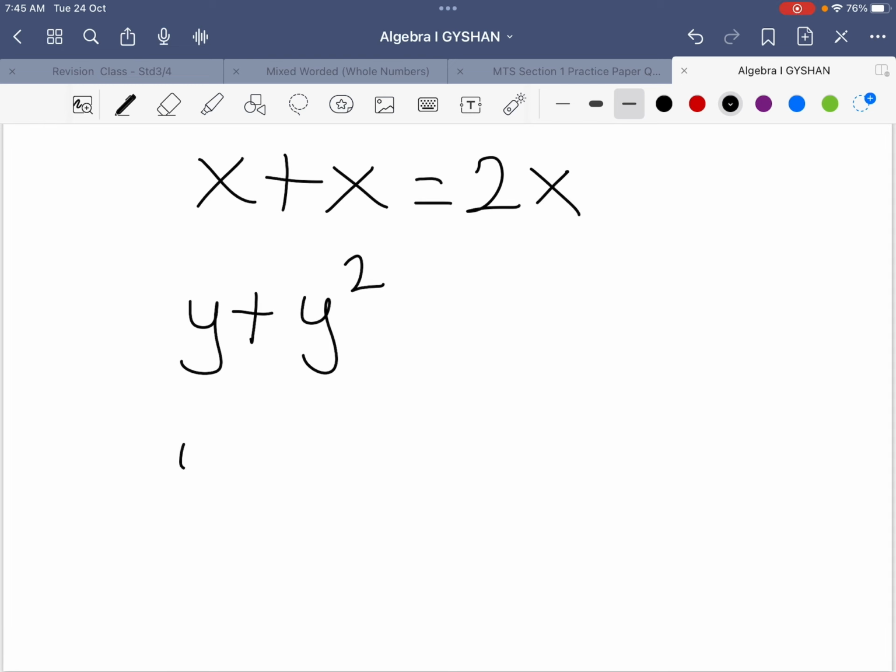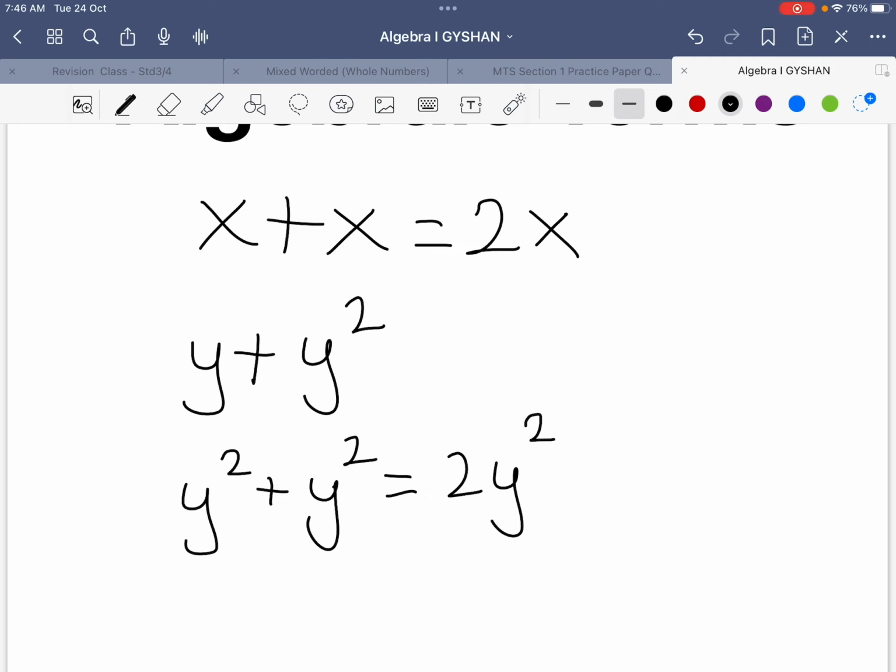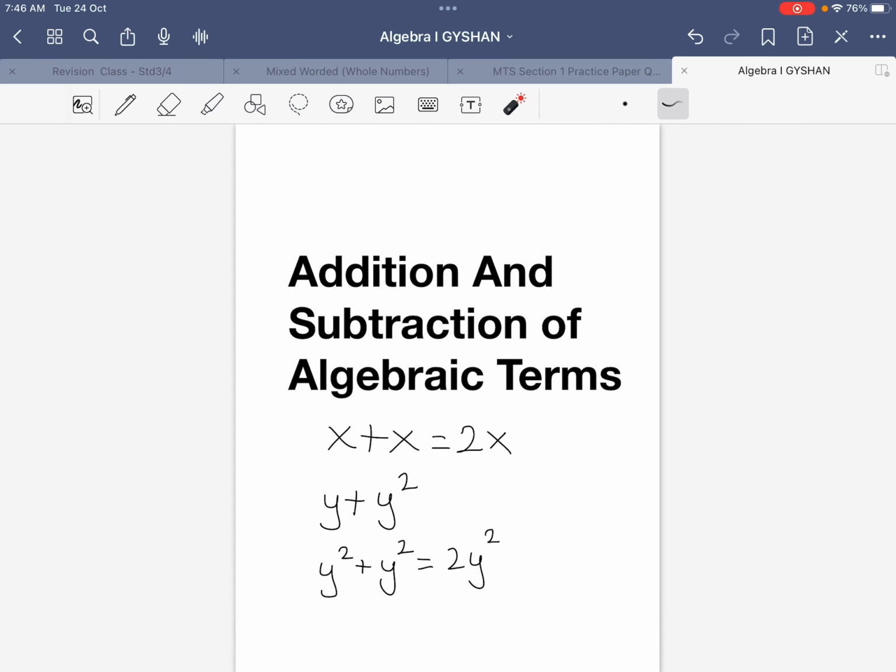If we have y squared plus y squared, this will give us 2y squared. So each term will be different if it has a different index or a different letter or symbol. Okay, so let's take a look at adding and subtracting.